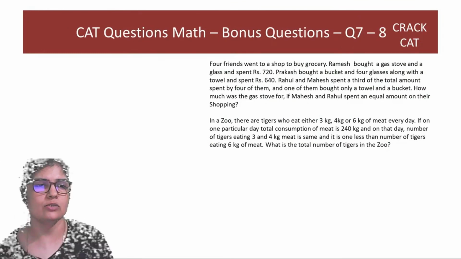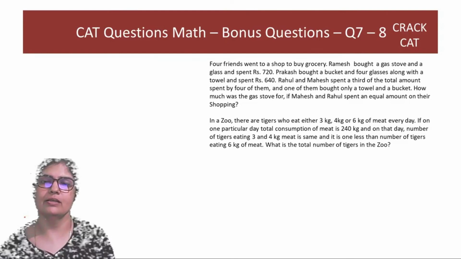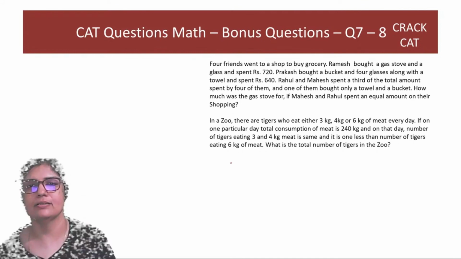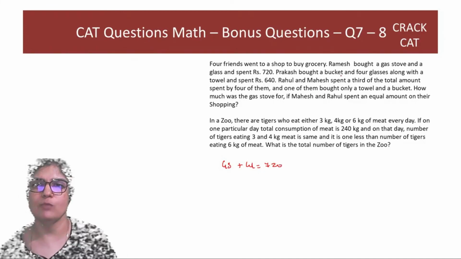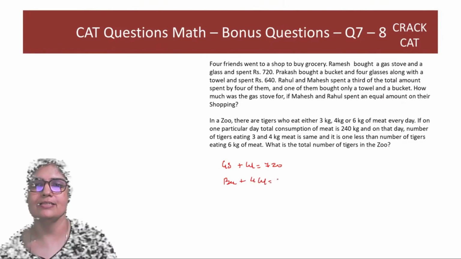4 friends went to a shop to buy grocery. Ramesh bought a gas stove and a glass and spent rupees 720. So gas stove plus glass is 720. Prakash bought a bucket and 4 glasses, and this is 640.